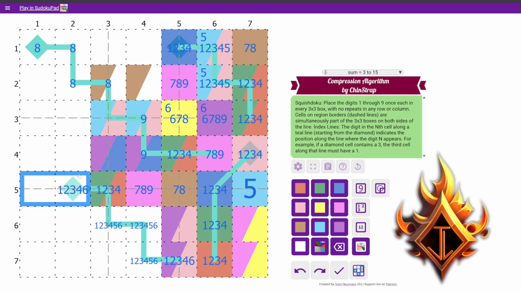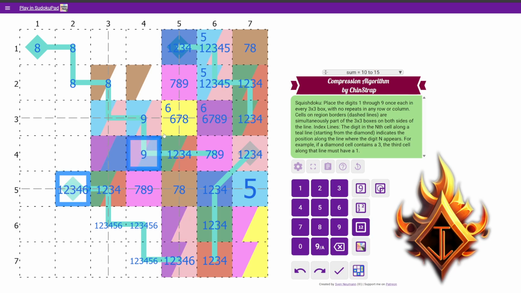Where does the 6 belong? Can the 6 go here? If it did, 6 would have to go there, and it would have to belong to dark purple. That would be okay. Dark purple would go there, there.